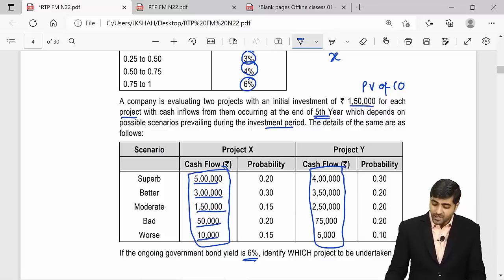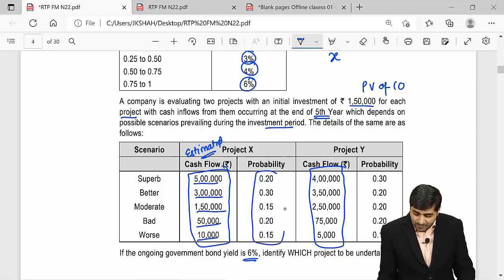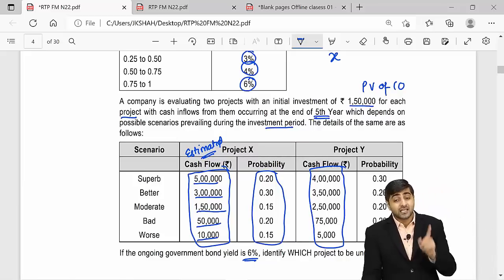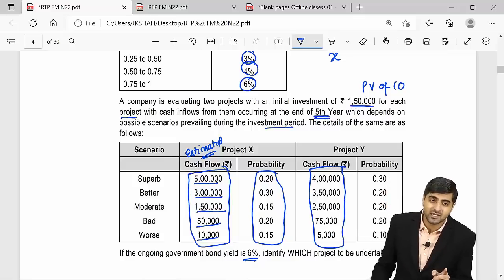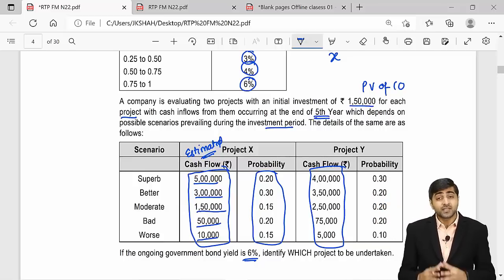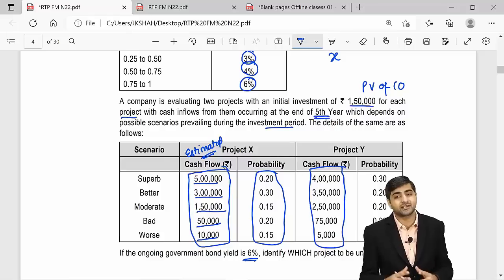And all these are known as your estimated cash flows with the level of probabilities which is given to you. So there is a 20% chance you might get 5 lakhs, a 30% chance you might get 3 lakhs, a 15% chance you might get 1,50,000, a 20% chance you might get 50,000, and a 15% chance you might get 10,000.